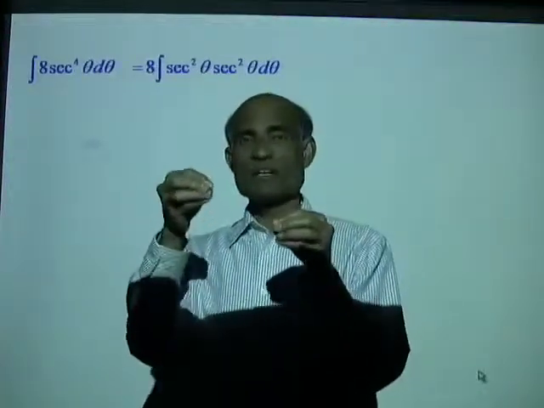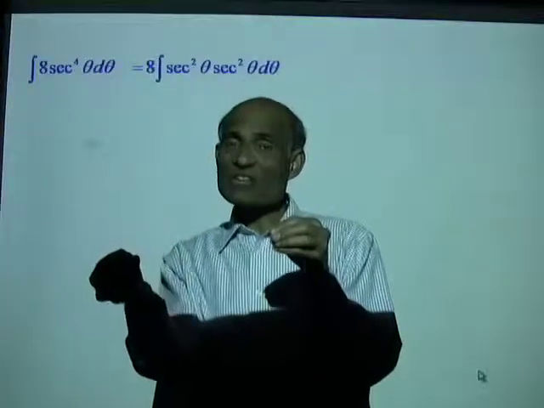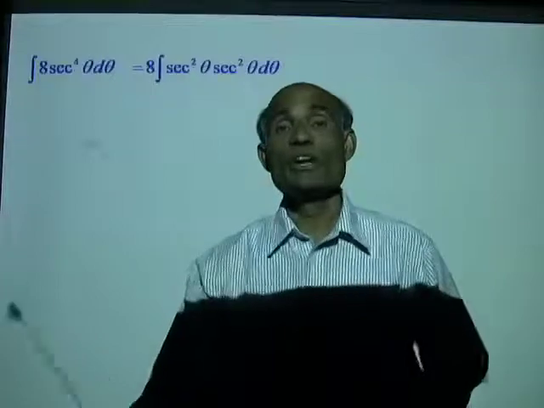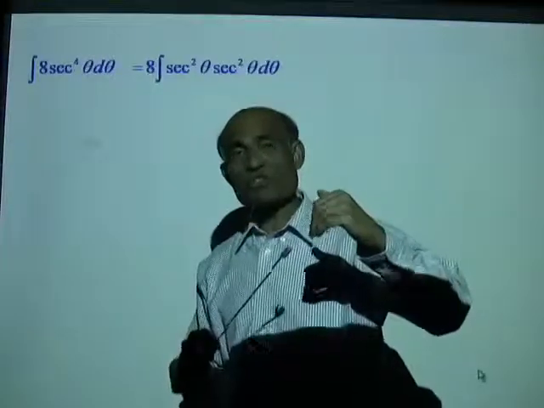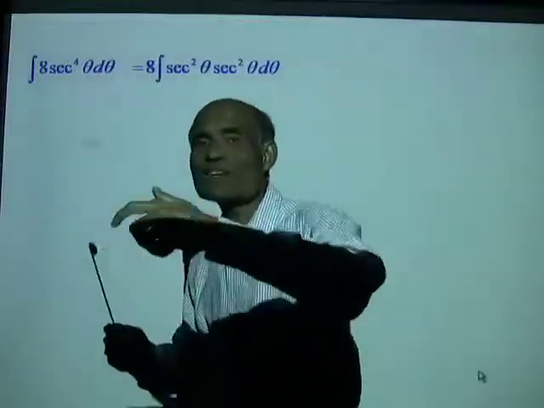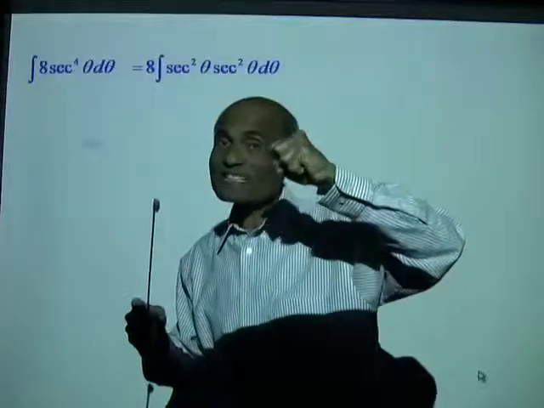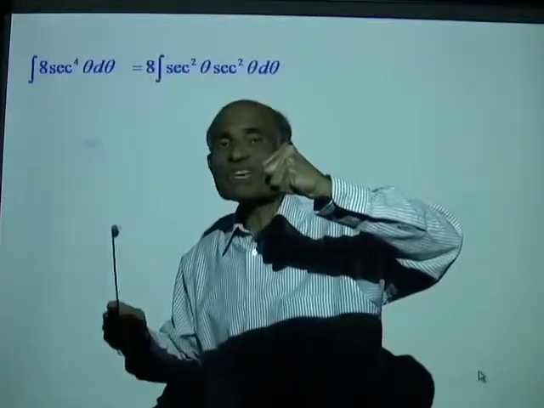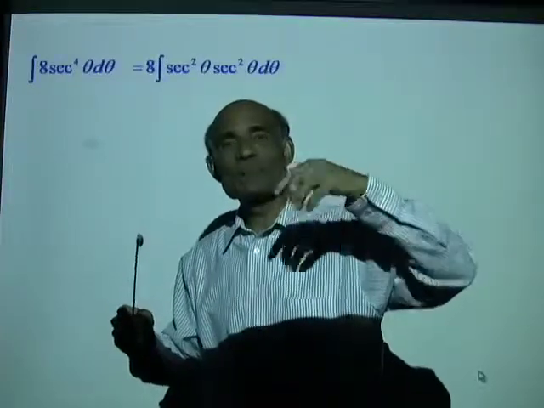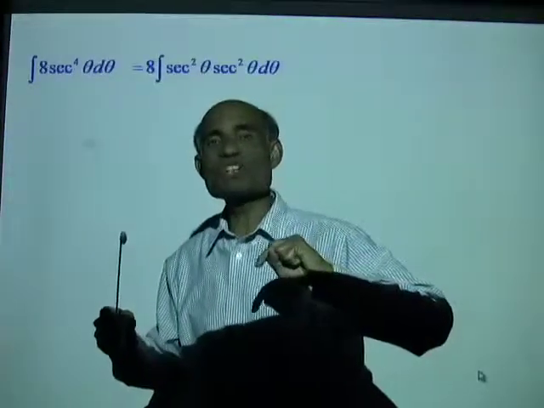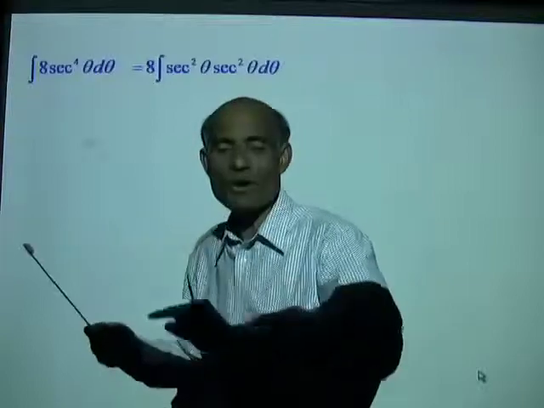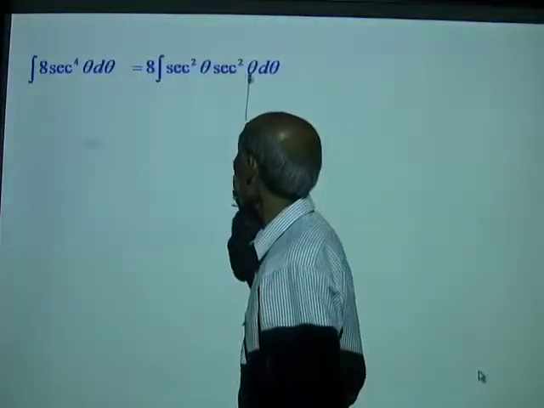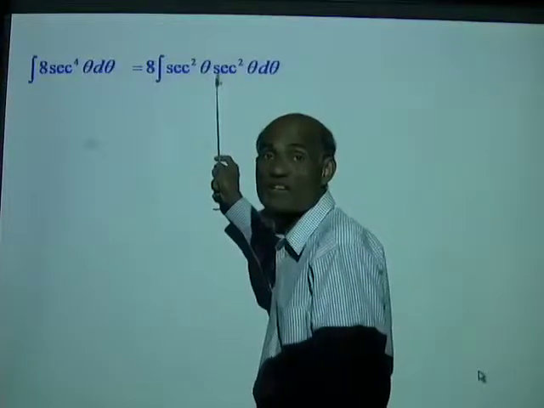See that the derivative of tan theta is secant squared theta. So, if we have a tangent followed by secant, the power of a tangent followed by secant can be integrated, because the derivative of tangent is secant squared theta. So you have secant squared theta times secant squared theta d theta.